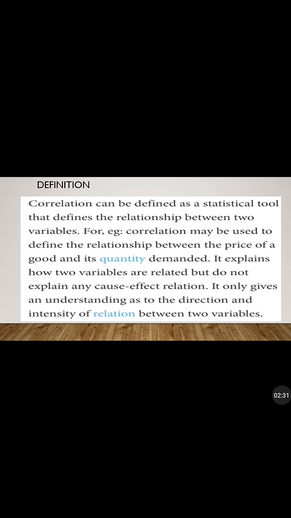For example, correlation may be used to define the relationship between the price of a good and its quantity demanded. So there is some relationship between price and quantity demanded. For example, if a person goes to a market and sees the price is too high compared to the previous day, then what will we do? We will purchase only some quantity, not the required quantity. We will not buy more of that product, but a little less.